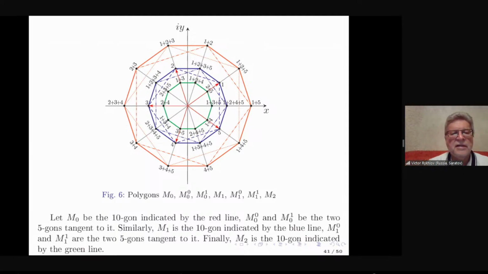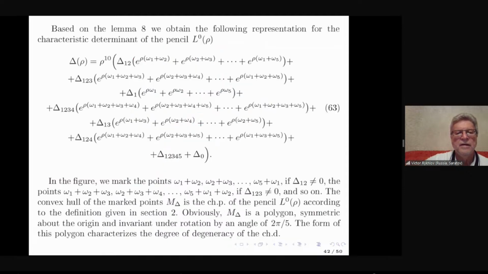In figure 6, we see the characteristic polynomials for different cases: Birkhoff regular, weakly irregular, strongly irregular. The next. The characteristic determinant has the form 63.